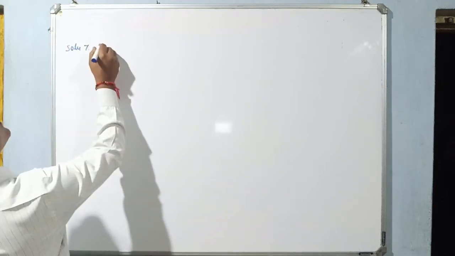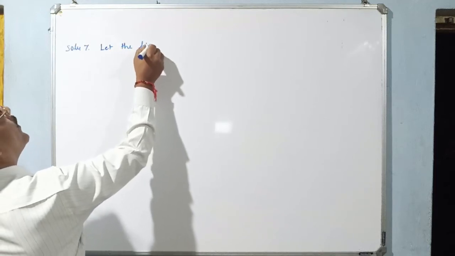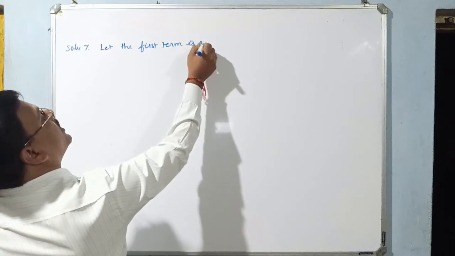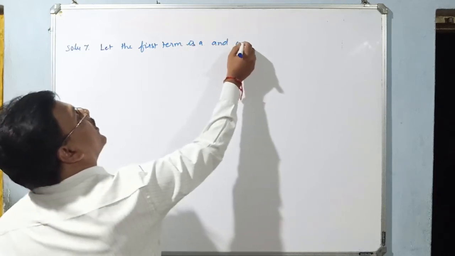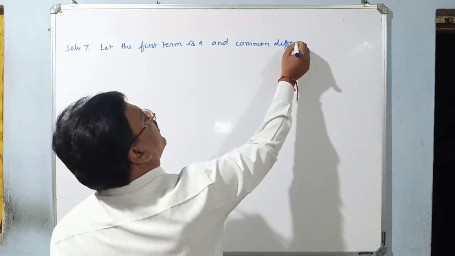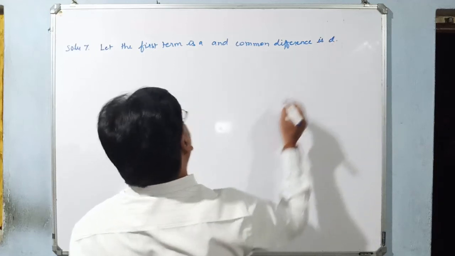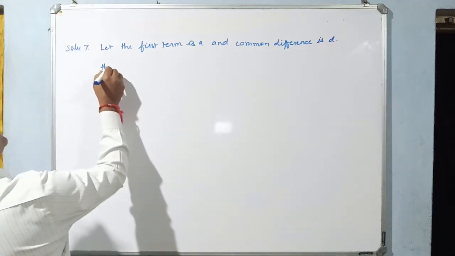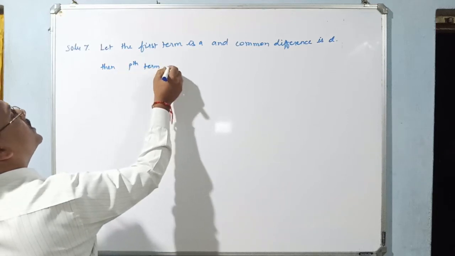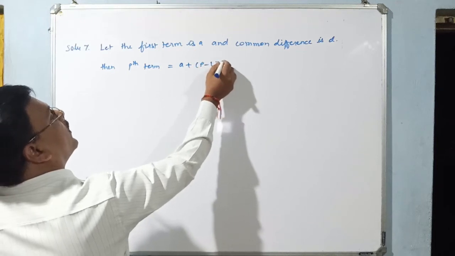Solution 7. Let the first term be a and common difference be d. Then pth term is a plus p minus 1 into d.